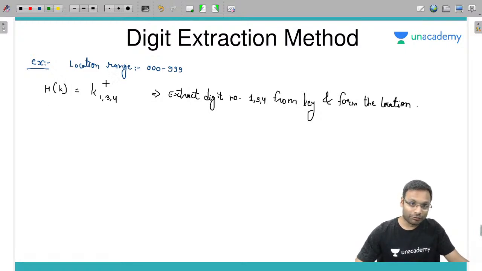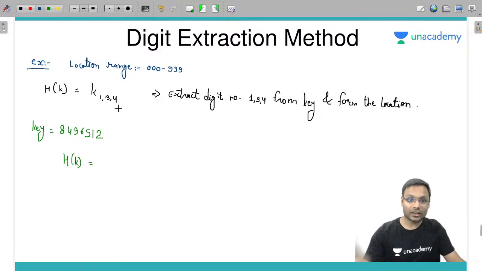So if this is h of k is equal to k 1, 3, 4, let's take a simple example. Suppose key is equal to 8, 4, 9, 6, 5, 1, 2. On this, if I am applying h of k, just extract the first one, third one and fourth one digit.